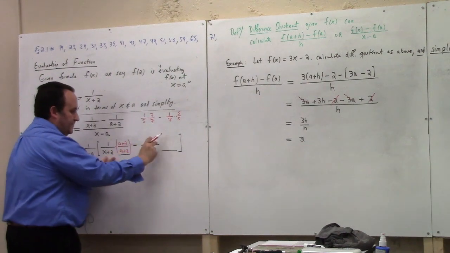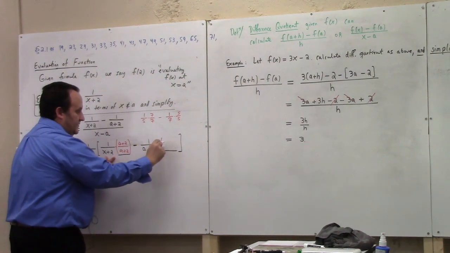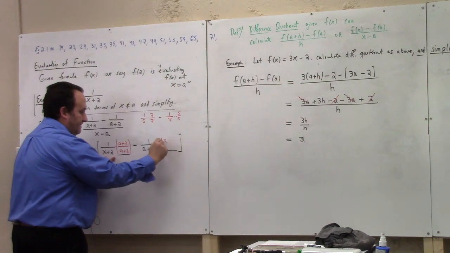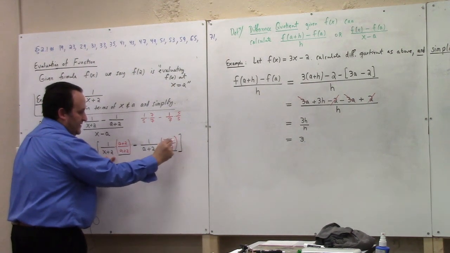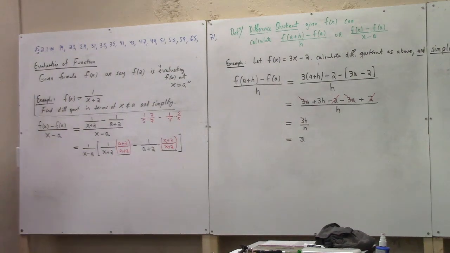And then over here, I'll do x plus 2 over x plus 2. And I can do that because I'm just multiplying by 1. And the reason I'm doing that is so that these two fractions have the same denominator, so now we can add them. Created the common denominator that we wanted.